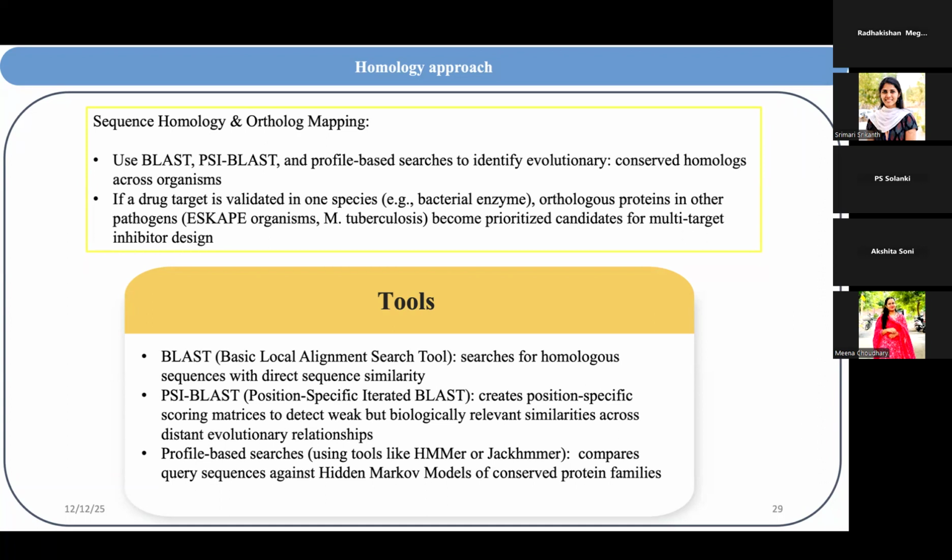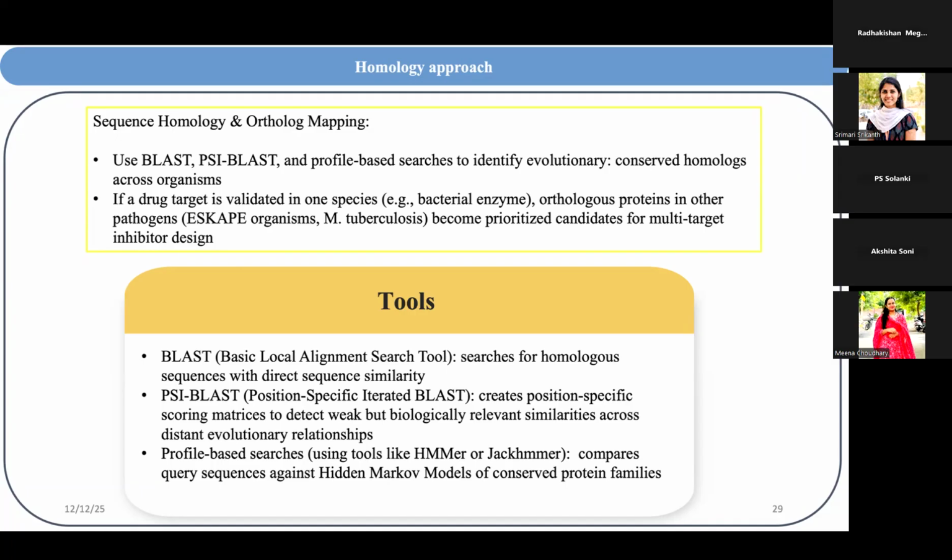For that, we use BLAST, the basic local alignment search tool. It searches for homologs based on sequence similarity, and PSI-BLAST, which is position-specific iterated, can give us sequences which are evolutionarily distant but biologically relevant. And then the advanced one is the profile-based searches.